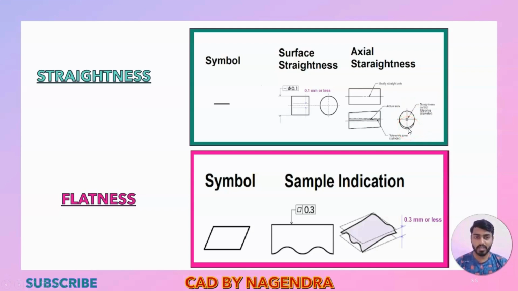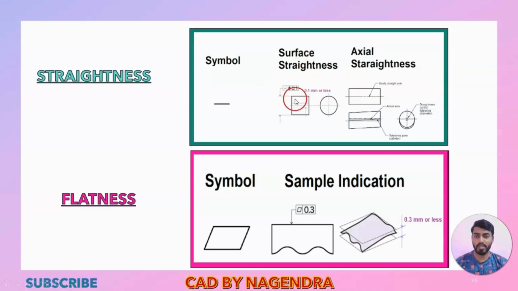In such a condition, we will mention GD&T like this. For this face to this face, we have straightness with a diameter of 0.1, which means we need to manufacture this shaft within a tolerance of 0.1 variation.